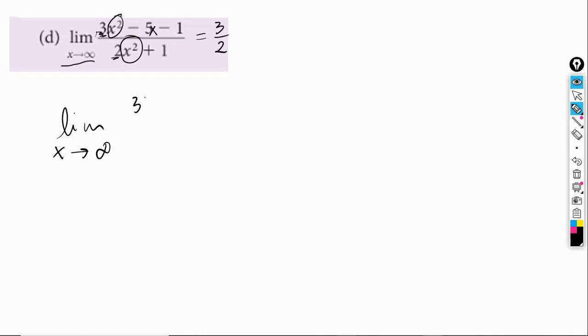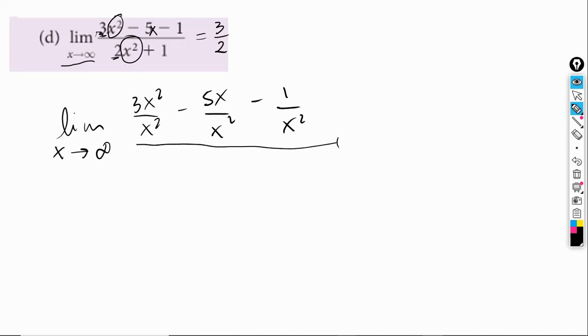So we would get 3x squared over x squared minus 5x over x squared minus 1 over x squared, and all of this divided by 2x squared over x squared plus 1 over x squared.